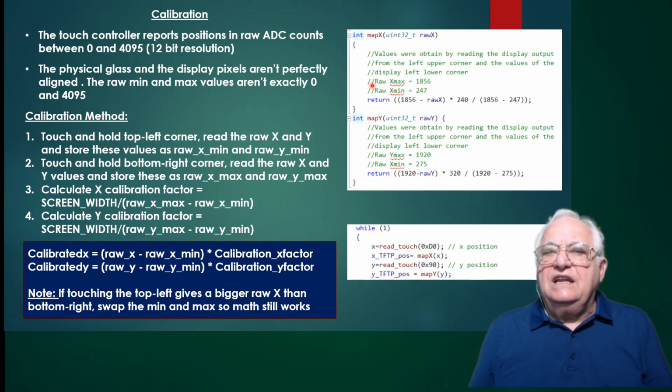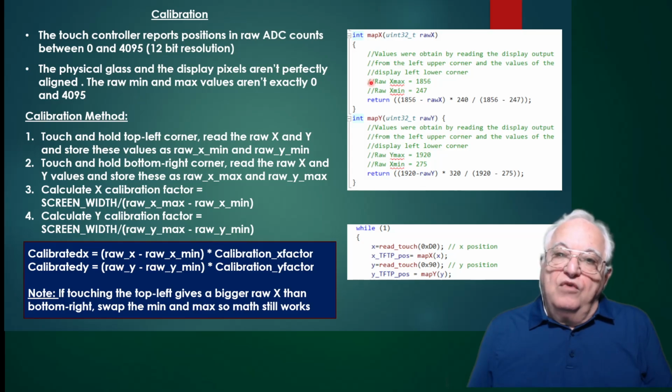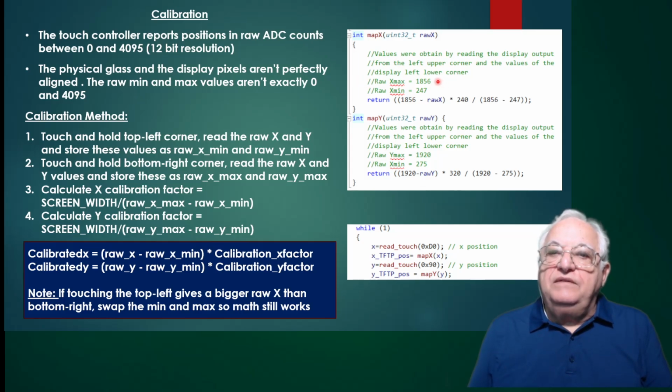And when I touched the left corner, I got my X min, which was 247, and I got my Y min, which was 275. And then I touched the bottom right to get my X max and Y max, and the X max turned out to be 1856, and the Y max turned out to be 1920.